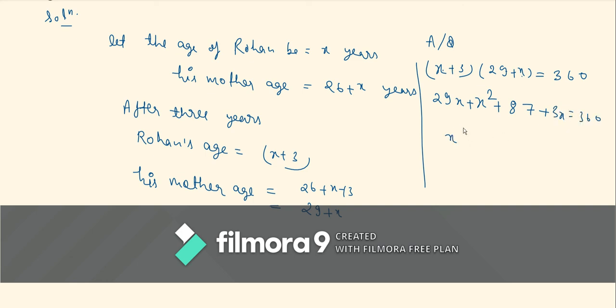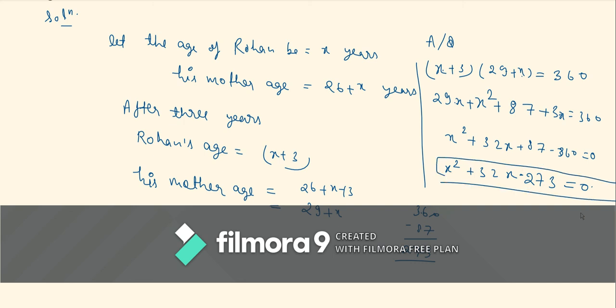So write it as x square plus 29 and plus 3, how much? Very good, 32x, and now plus 87 minus 360. So subtract them, you will get the answer. Let's subtract. Minus 273 is equal to 0. So this is the required equation.